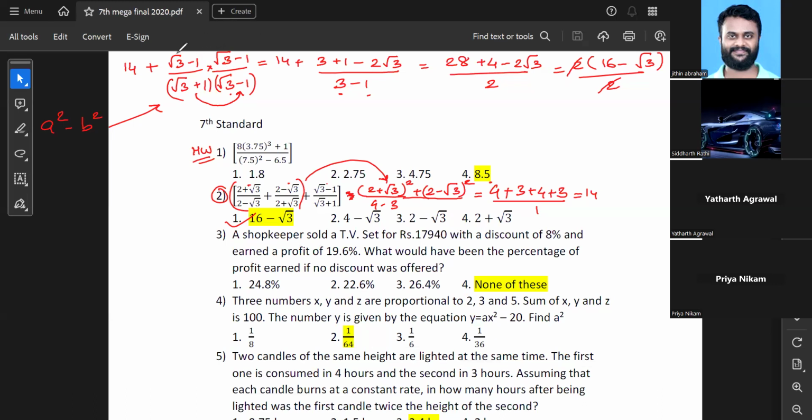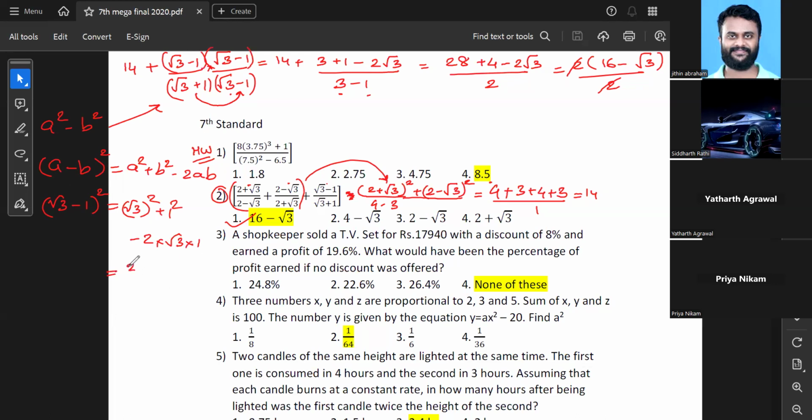In the numerator, what do you have? You have √3 minus 1 two times, which is nothing but a minus b the whole square. That becomes a square plus b square minus 2ab, or a square minus 2ab plus b square, whichever is convenient for you. Do you understand this? So √3 minus 1 the whole square becomes √3 square plus 1 square minus 2 multiplied by √3 multiplied by 1.